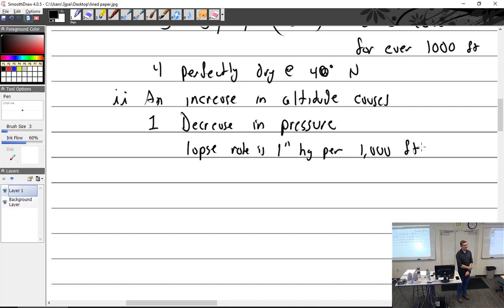Standard day, 29.92. It reads inches of mercury, so it should read right about 30 inches. The airplane is off, it's not running.